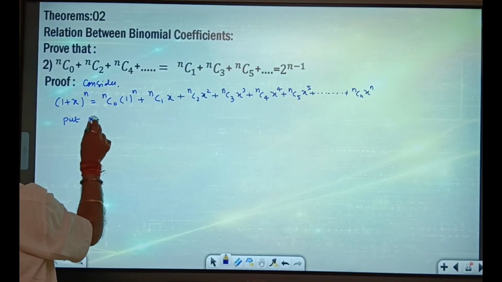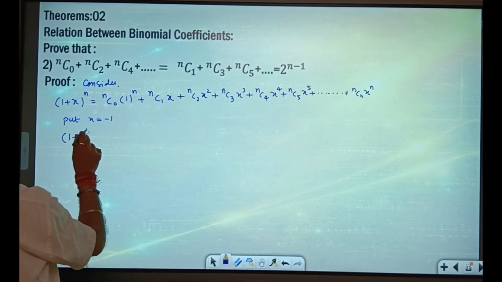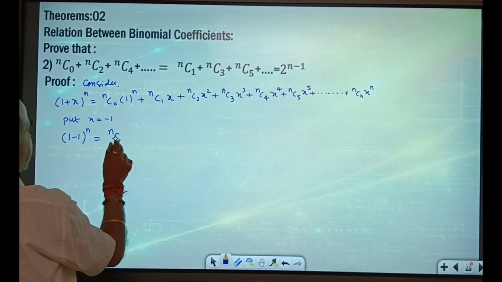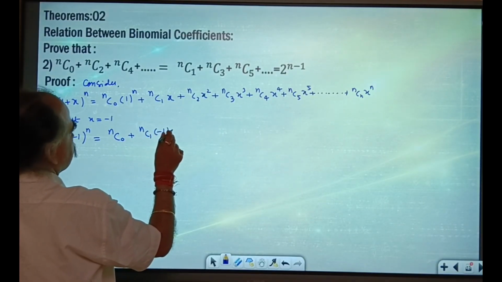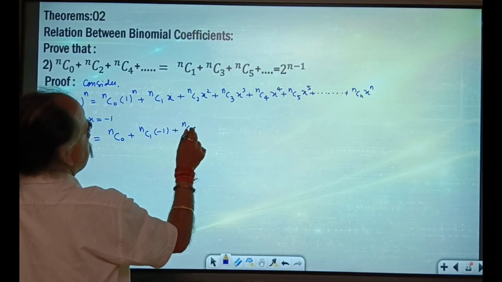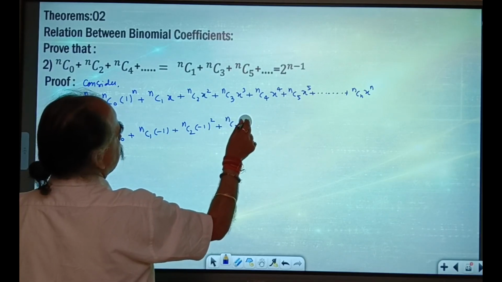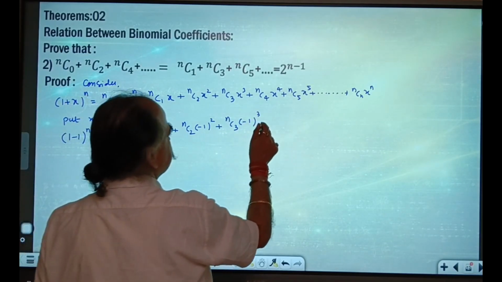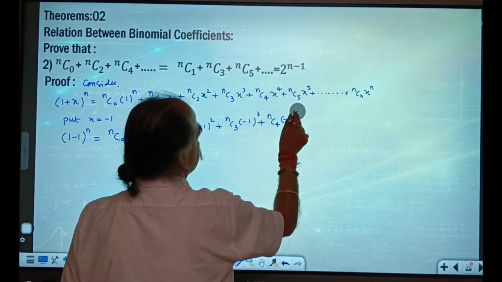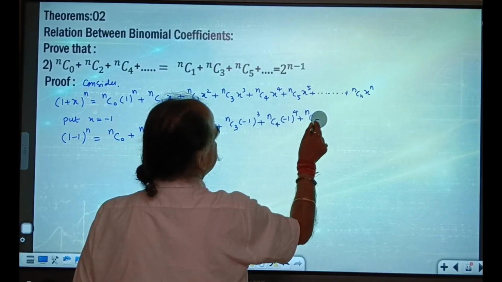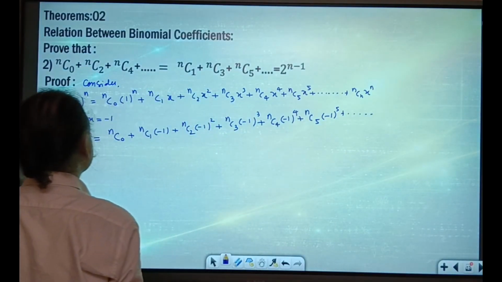Put x is equal to minus 1. (1 minus 1) raised to n is equal to nC0 plus nC1 into minus 1 plus nC2 into minus 1 square plus nC3 minus 1 cube, nC4 minus 1 raised to 4, nC5 and so on.